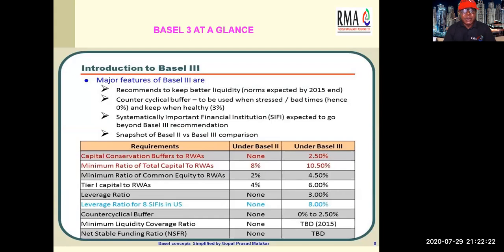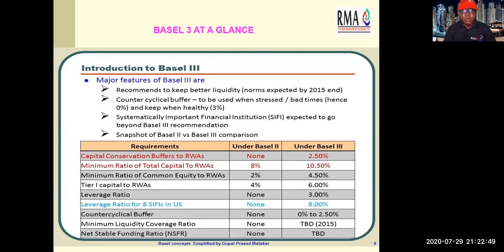The minimum capital ratio, which is a proportion of a bank's risk-weighted assets, used to be 8%. That has been increased to 10.5%. The minimum ratio of common equity to risk-weighted assets has also increased from 2% to 4.5%. The Tier 1 capital to risk-weighted assets has been moved also from 4% to 6%.